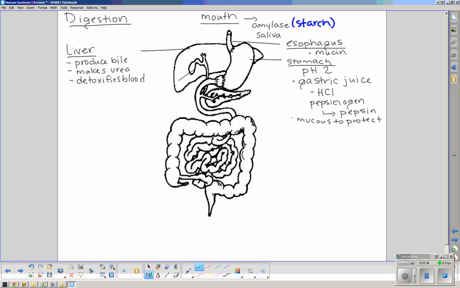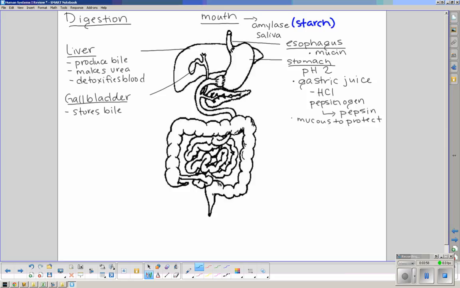Associated with the liver is the gallbladder. The gallbladder stores bile. This fluid breaks up large globs of fat by splitting them apart so that different enzymes can get at them.